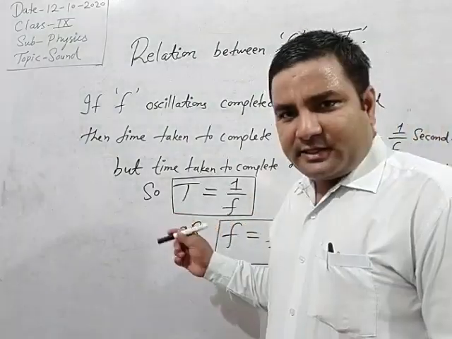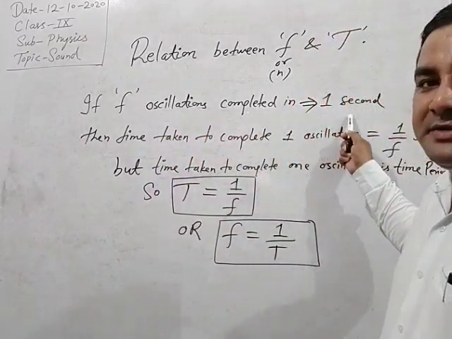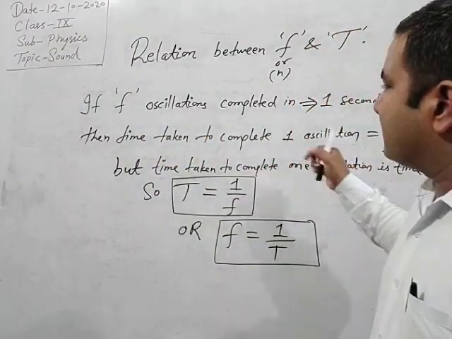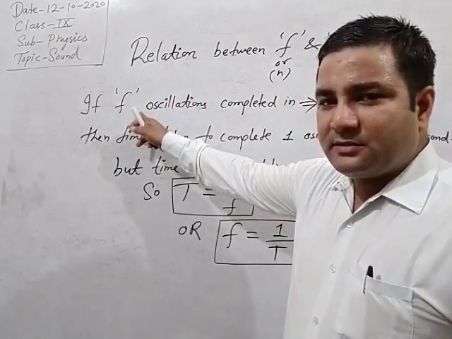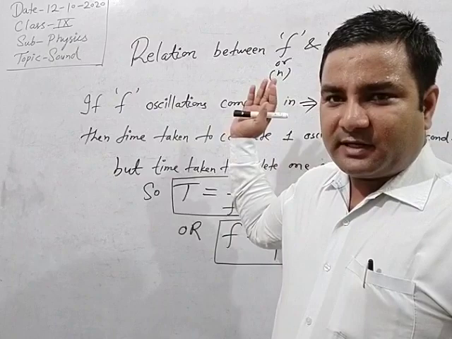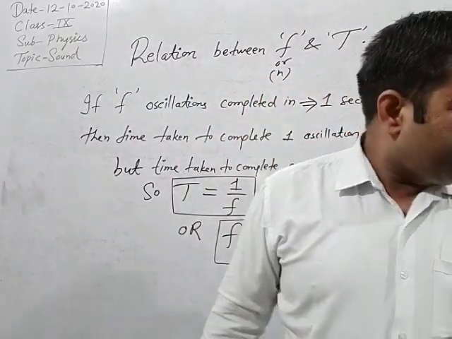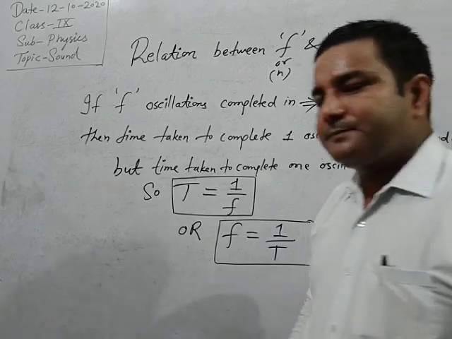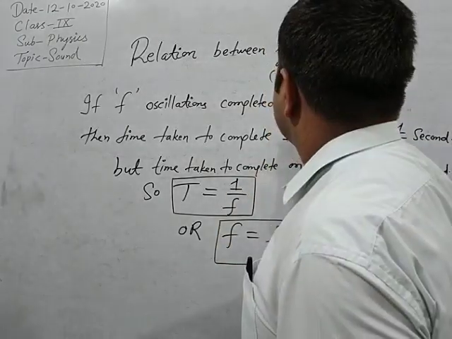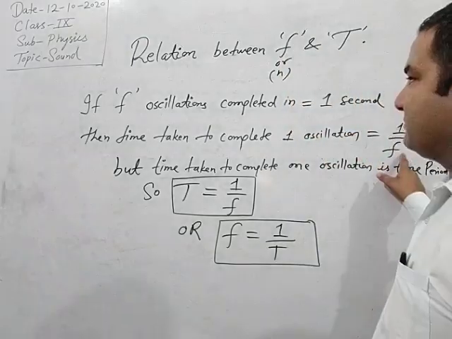So listen again. If f oscillations are completed in 1 second, then for the time of one oscillation, this f transfers towards the right side, and in terms of the equal symbol, this will be 1 upon f second.